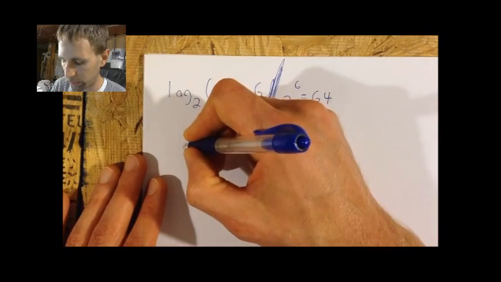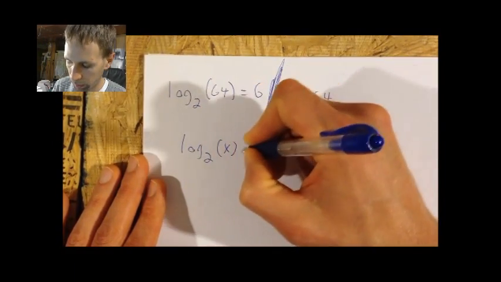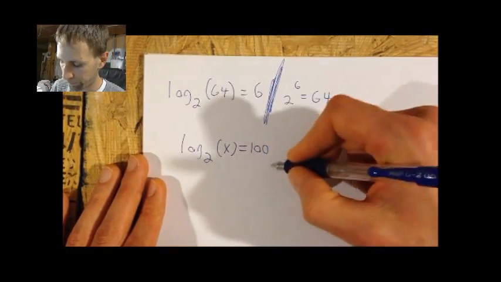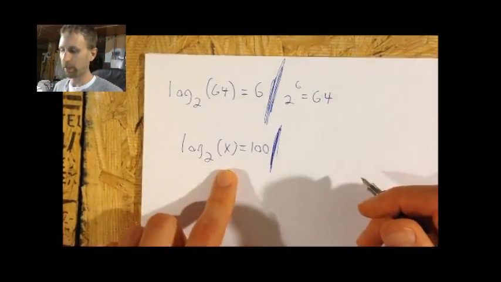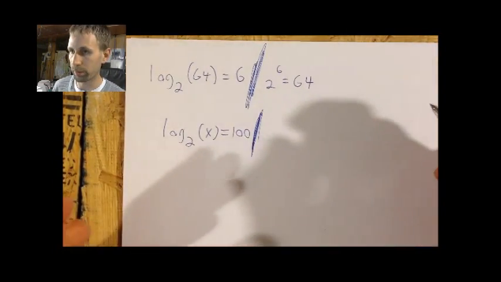So for example, I could say log base 2 of what number equals, say, I don't know, we'll go with 100 again. And if this is an equation that you have to solve, you could just use the equivalence.